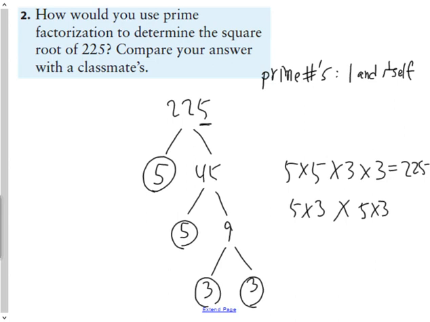But when I re-examine those prime factors, I realize that because they're equal groups, I can also state that 15 times 15 is equal to 225. And therefore, I can determine that the square root of 225, meaning what number multiplied by itself is 225, is 15. Because I've determined that 15 times 15 is 225.